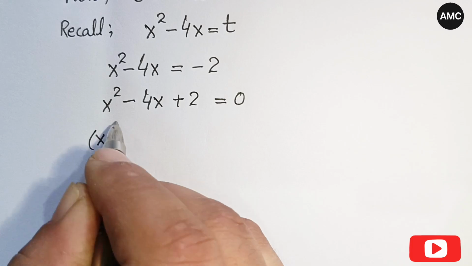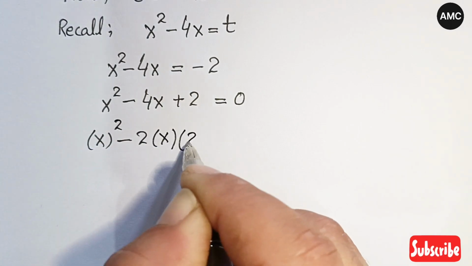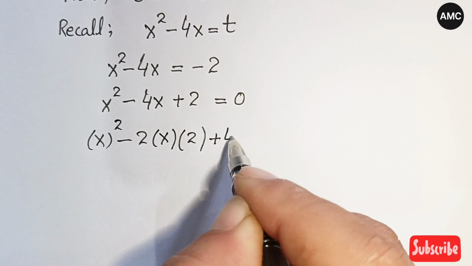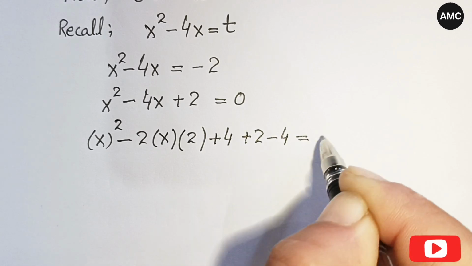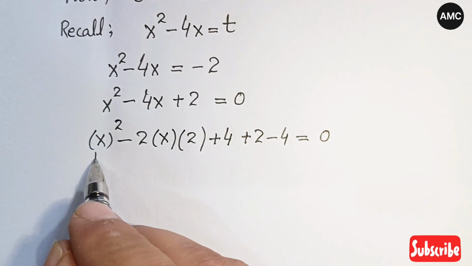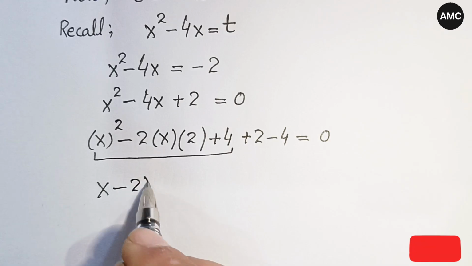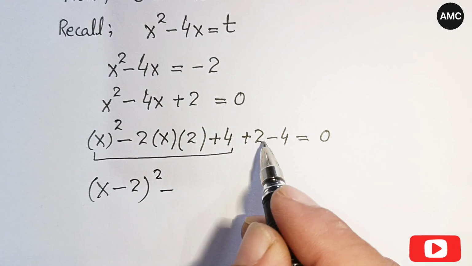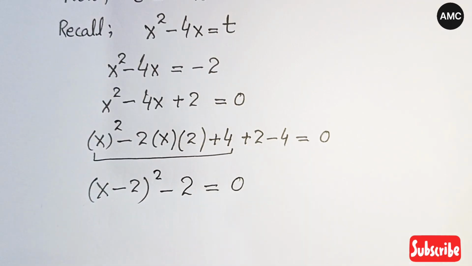So it will be x squared minus 2 times x times 2, and here we must add plus 4 and subtract plus 4 as well on our left hand side, which is equal to 0. Now that expression is equal to x minus 2 whole squared, and here we will get plus 2 minus 4, we have minus 2 is equal to 0.